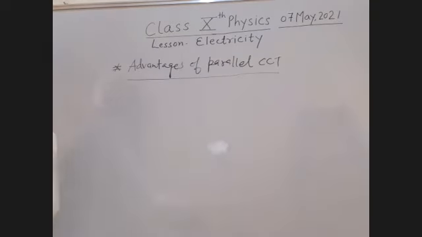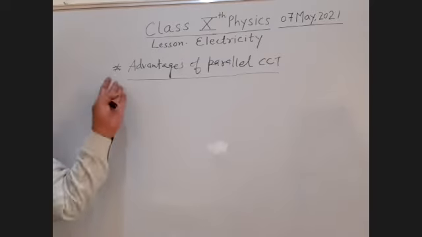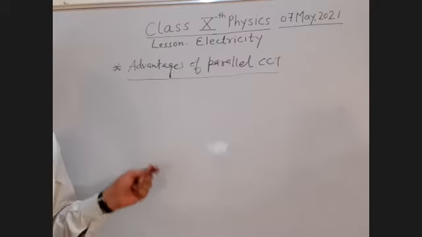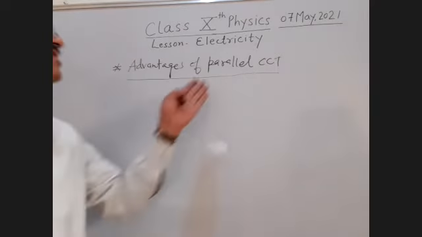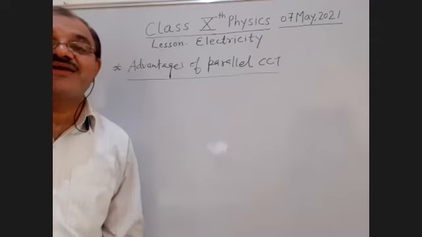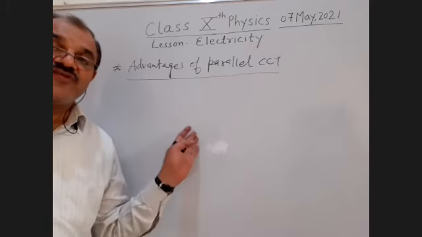Please note down. I'll give the answer to this question in points, so you can note down these points also. Now, students, first point: why are the electrical appliances connected in parallel? Very carefully listen.